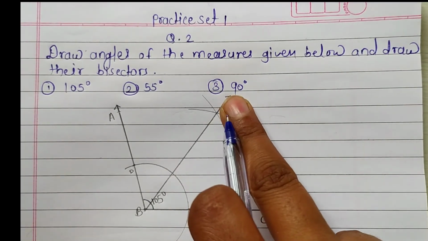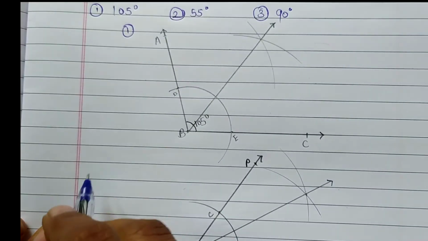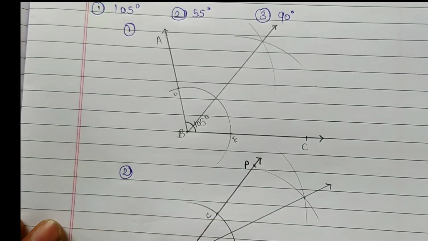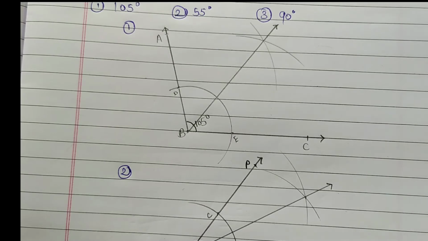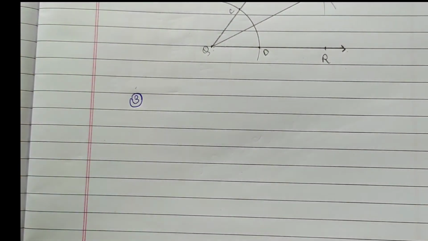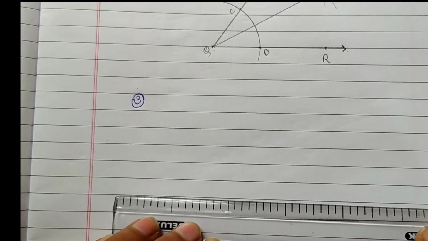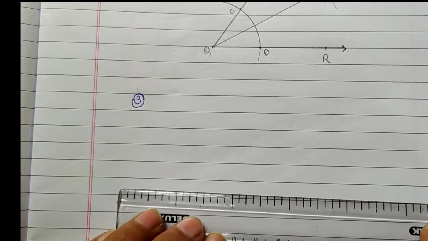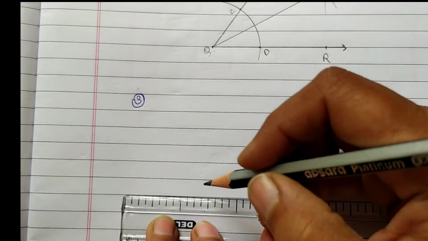Now let's draw for third question. Here we have to draw an angle of 90 degree. We also call it right angle. We are going to use same steps. First of all, let's leave 4 to 5 lines on upper side, so it is convenient to us to draw an angle or doing an activity.